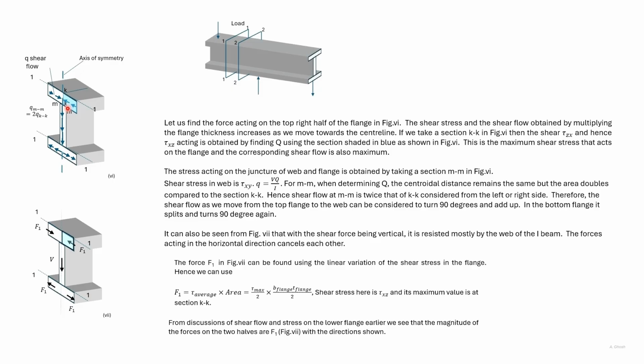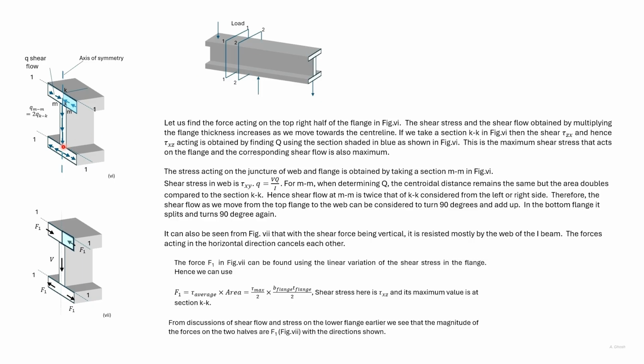Consider MM, which is at the juncture of the web and the flange. For the shear flow at MM, the statical moment of this whole flange section has to be taken. So in magnitude, the shear flow at MM will be twice the magnitude of the shear flow at KK. If in the web the variation of tau xy is minimal, then the shear flow will be nearly constant.